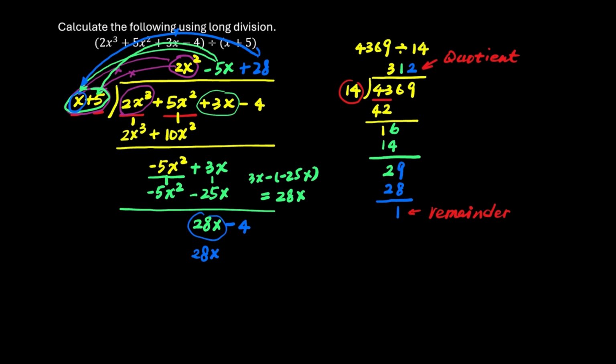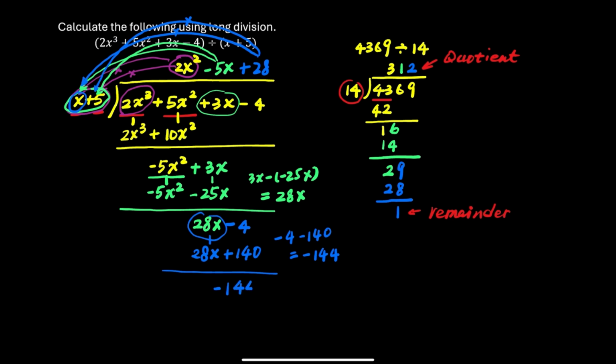And we multiply this 28 to this 5. We have 140. Now we subtract these two expressions. 28x minus 28x is again 0. And negative 4 minus 140 give us negative 144. So we have negative 144 here.